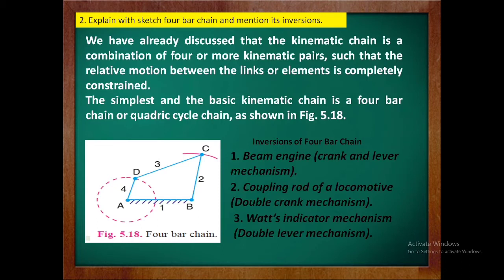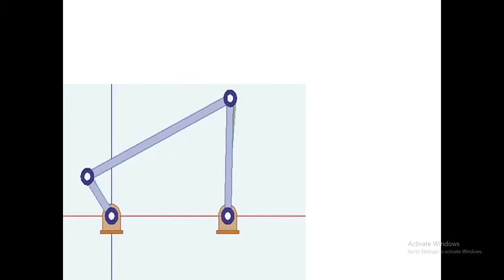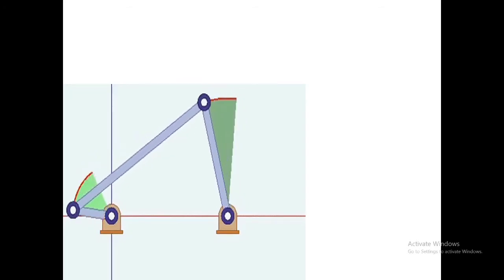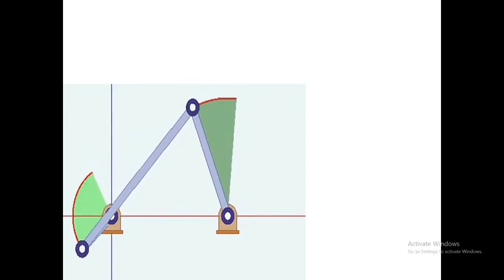The inversions of the 4-bar chain are: first one is beam engine, second one is coupling rod of locomotive, third one is Watt's indicator mechanism. This is the animation of the 4-bar chain.